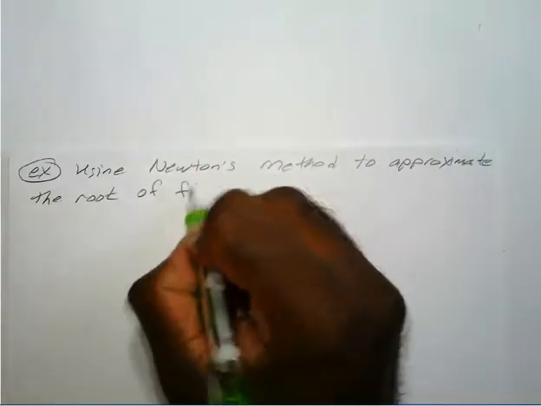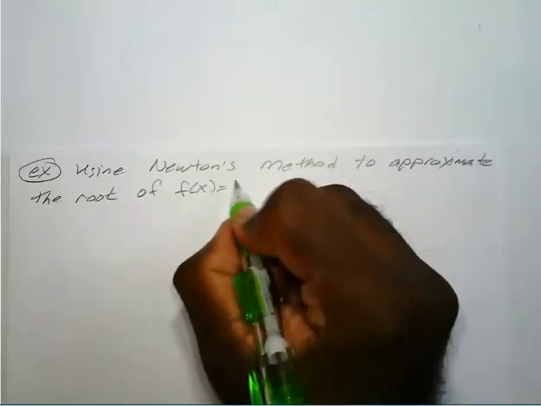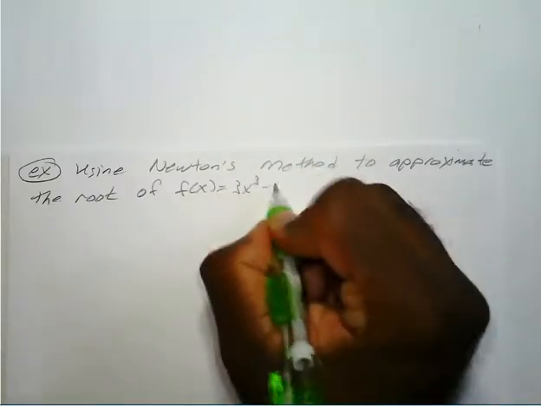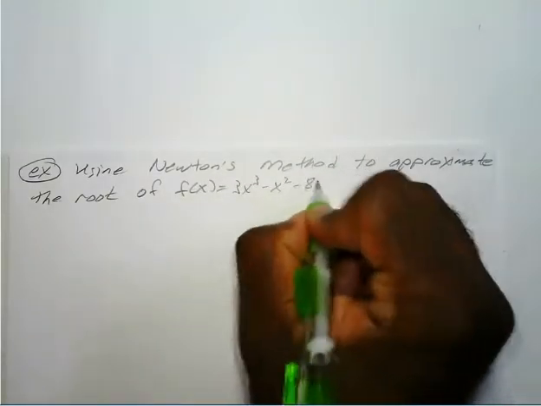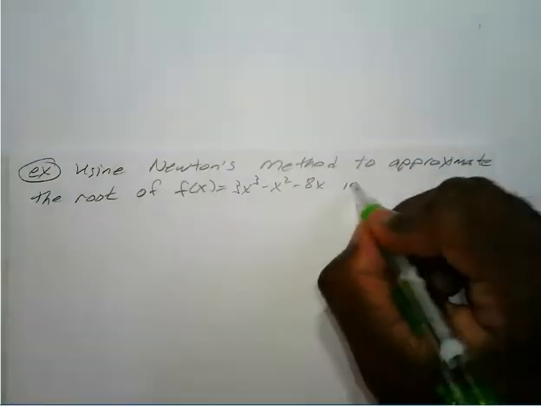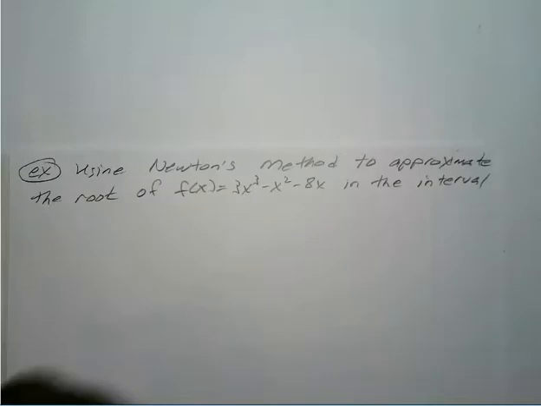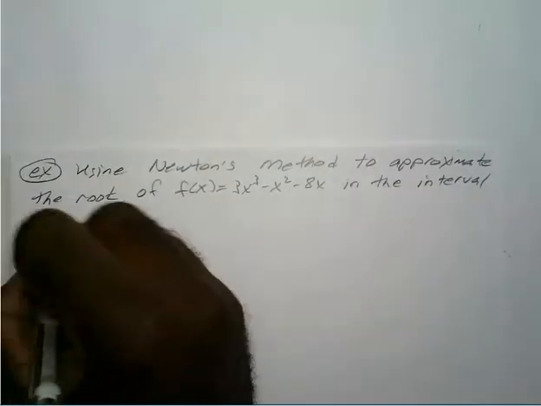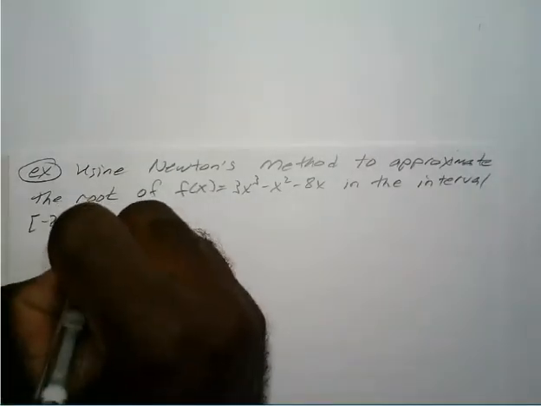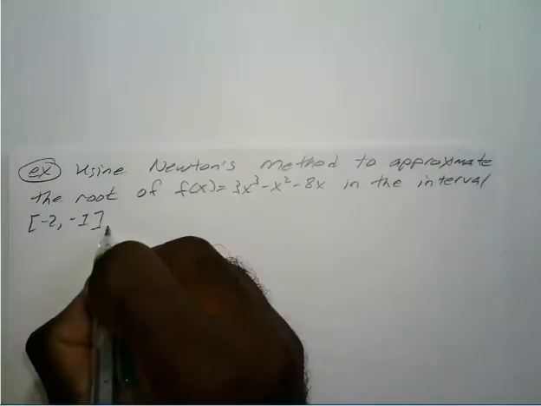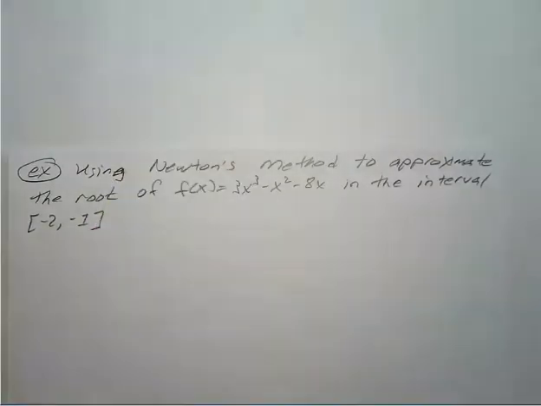Of, let's say, f of x equals 3x to the third minus x squared minus 8x in the interval from x equals -2 to x equals -1. Using, here we go.